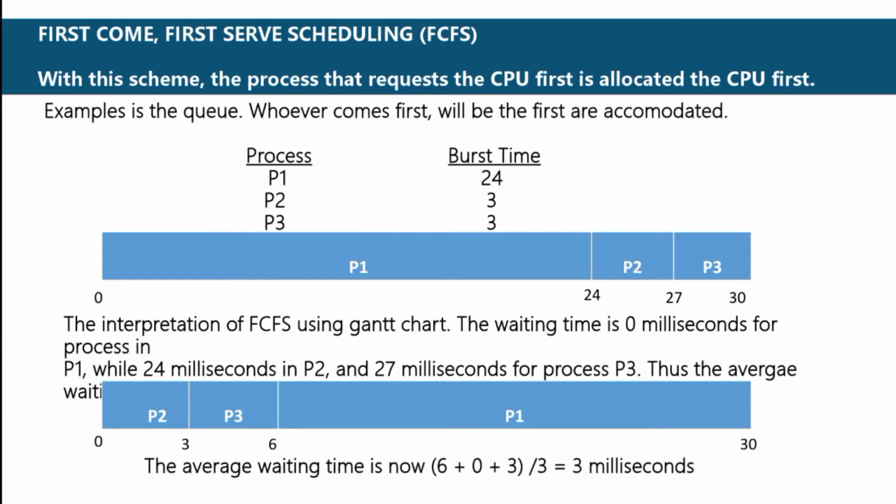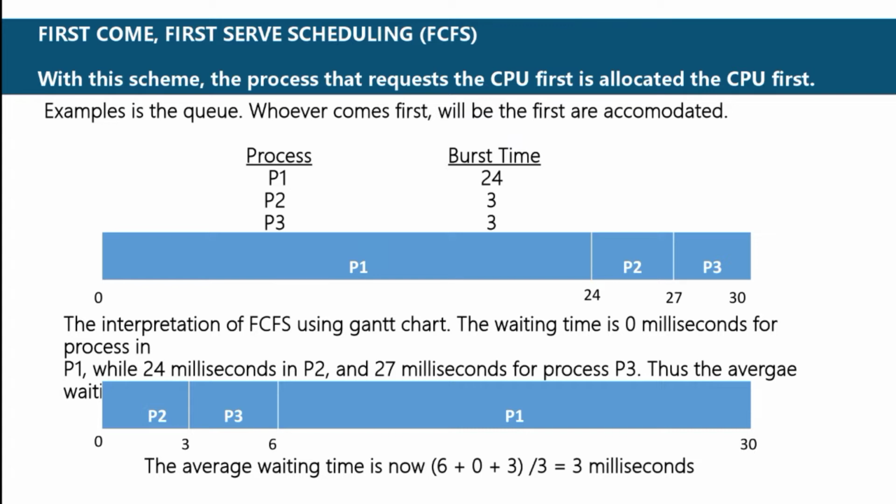Unlike if we allocate the shortest jobs first: we have P2 and P3. P2 has only 3 burst time, so it is the first program allocated the CPU. Then P2, P3, which also has 3 burst time, and finally P1, since it has 24 burst time.